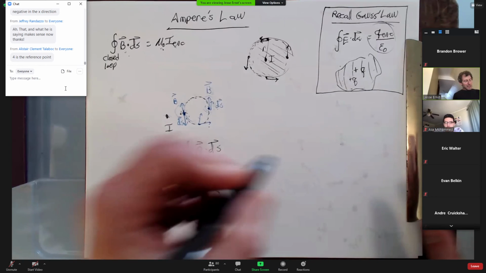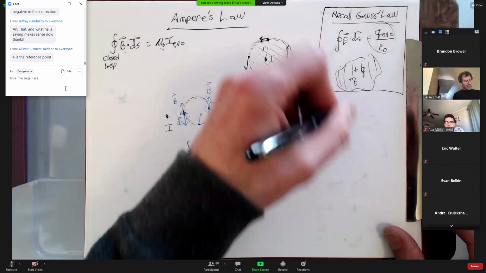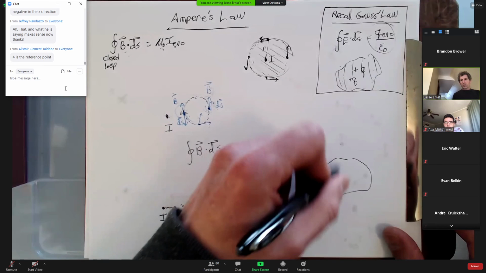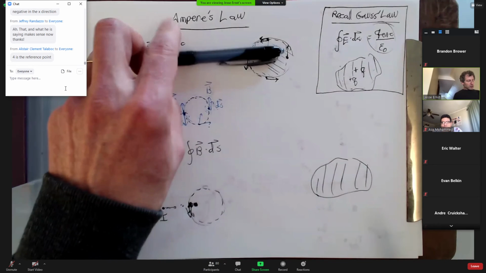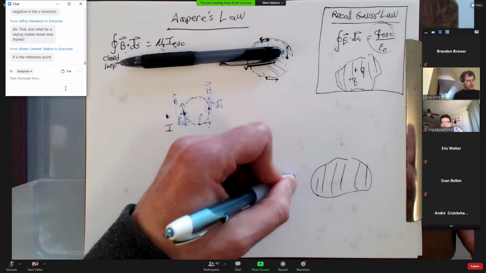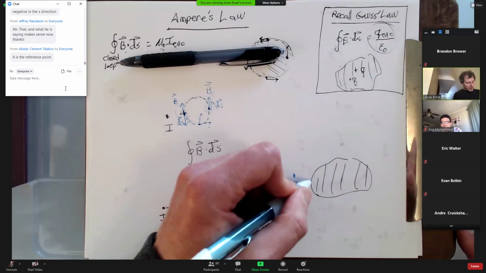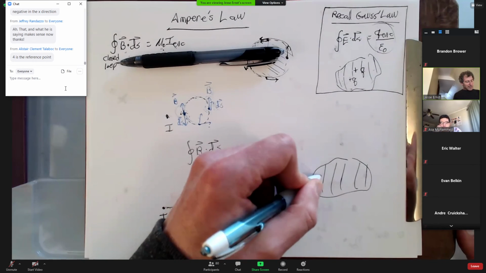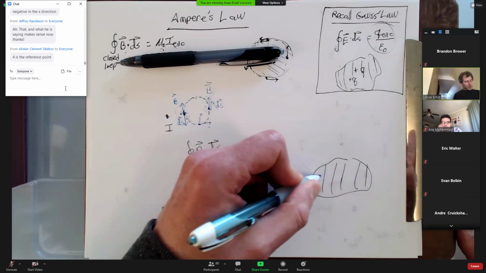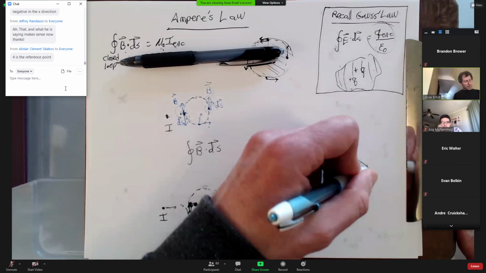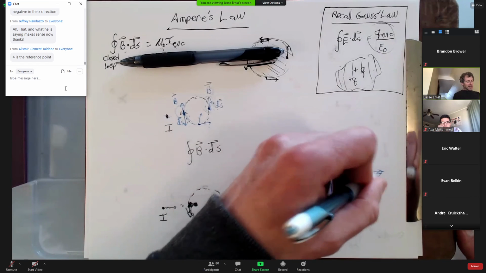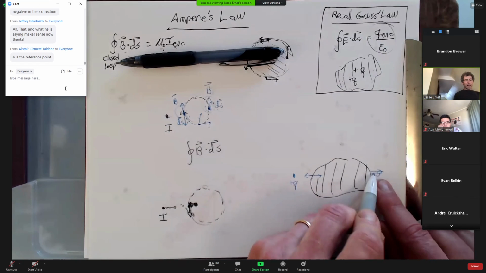It's the same thing with Gauss's law. If I have some closed surface and a charge here, there's an E field that goes inward. So there's inward flow of electric flux, because dA points out. And over here, E field and dA point in the same direction, so I have outward flow of electric flux.